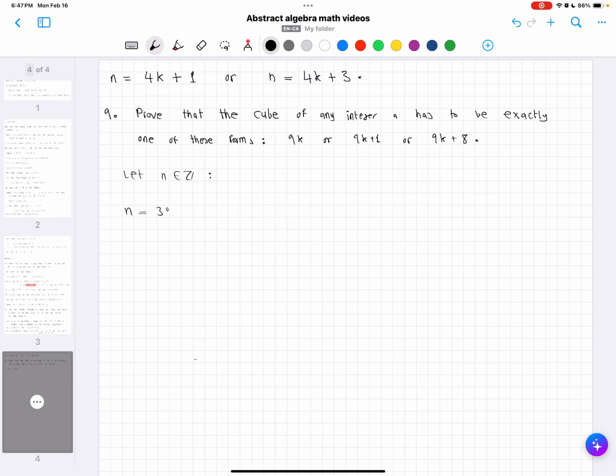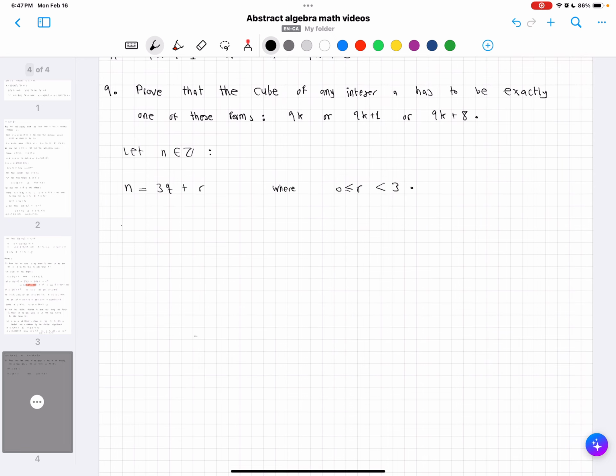So n is 3 times q plus r, where r is between 0 and less than 3. And then if we cube n, that is the same thing as cubing 3q plus r, which is (3q plus r) squared multiplied by (3q plus r).